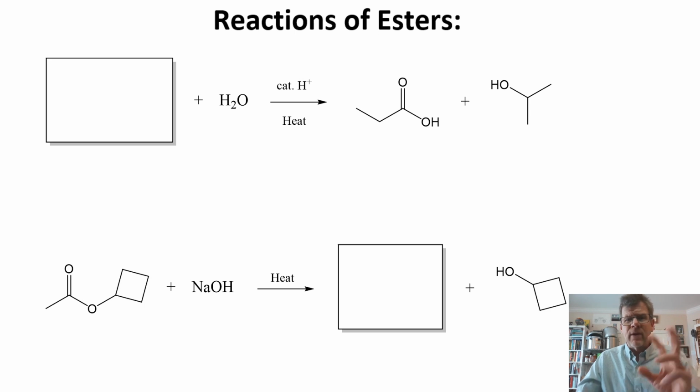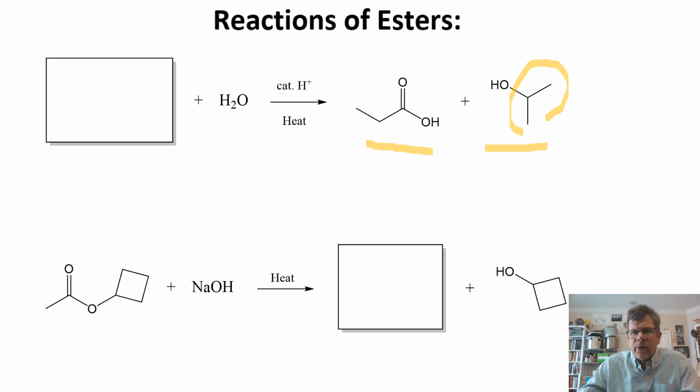So if we look at our product profile, there's our carboxylic acid and there's our alcohol. We're going to make an ester box there, and we're going to attach to the alcohol component of it this alkyl group, and the carboxylic acid component of it would be this structure.